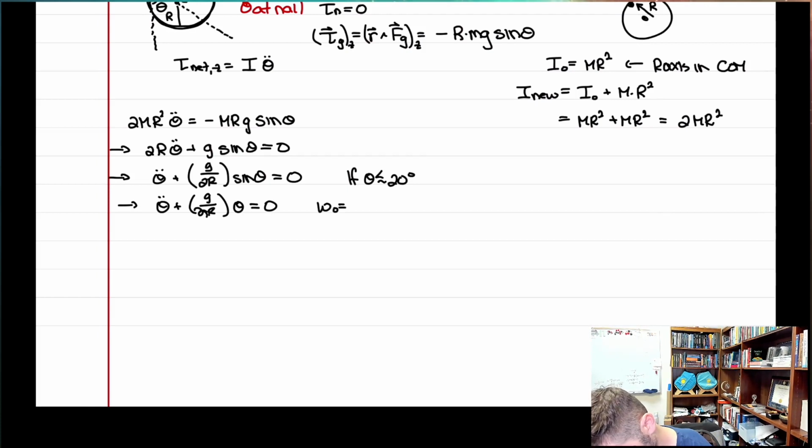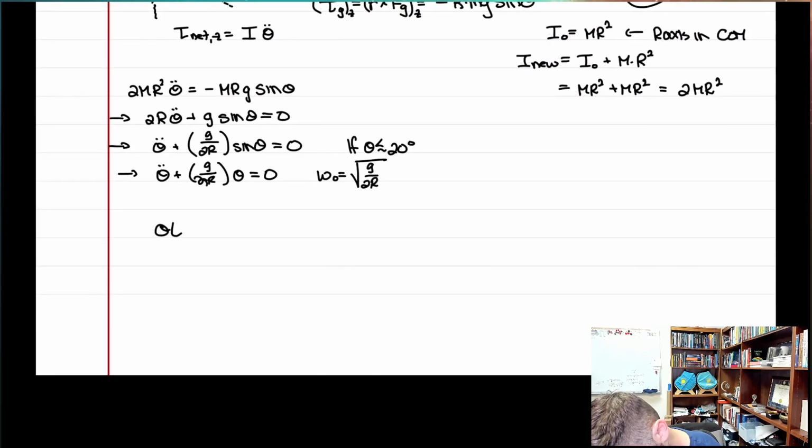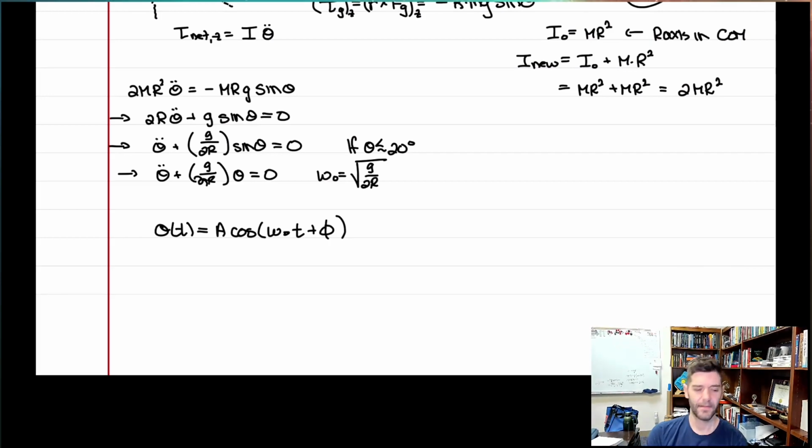Omega naught is the square root of g over 2r. And theta as a function of time is some constant A cosine of omega naught t plus phi, where A and phi are determined by your initial conditions.